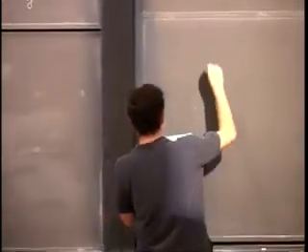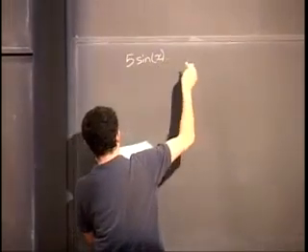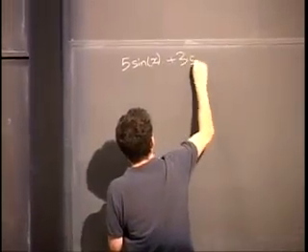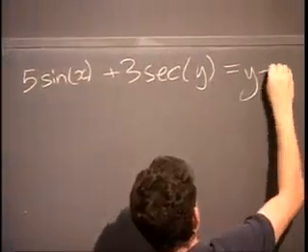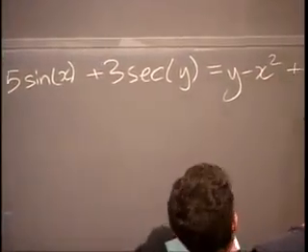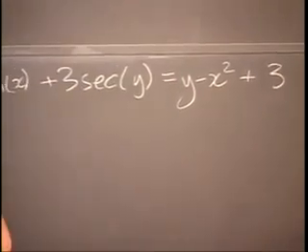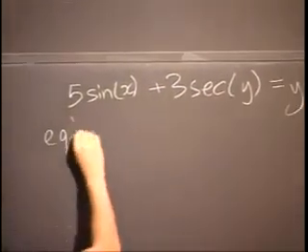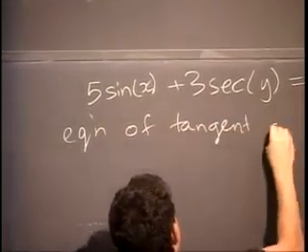That was lucky. Okay, consider this curve: 5 sine x plus 3 secant y equals y minus x squared plus 3. So the question is, what is the equation of the tangent at the origin?